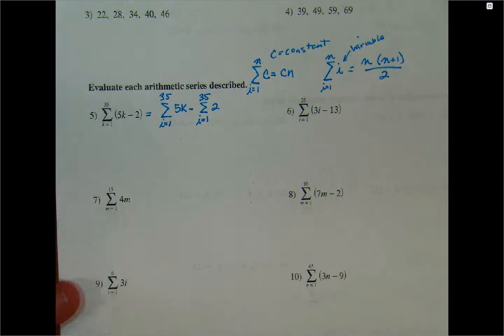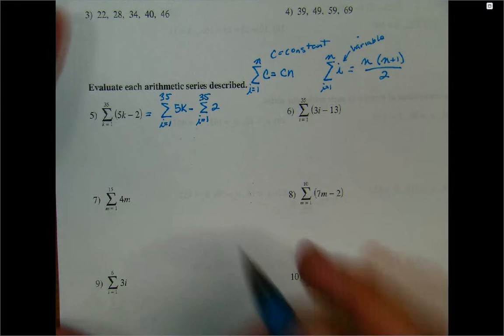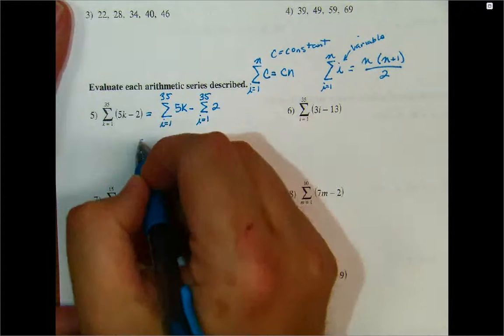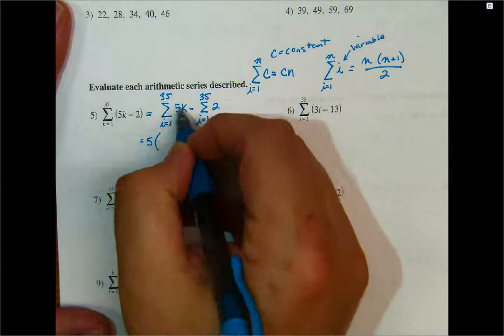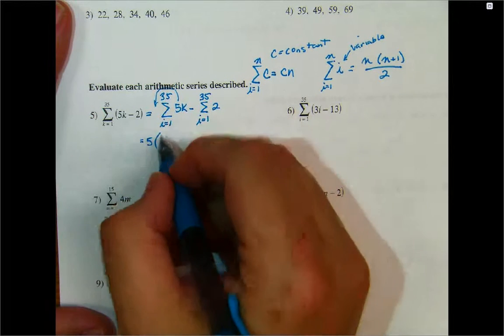So basically what we're going to end up doing is expanding the different summations. Now, we can rewrite this as 5 times, we could take the 5 and move it out in front, 5 times the summation of i equals 1 to 35 of k.